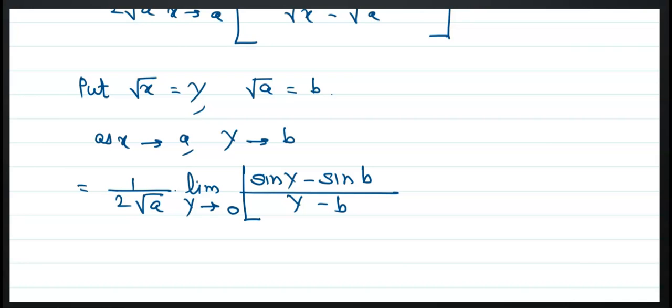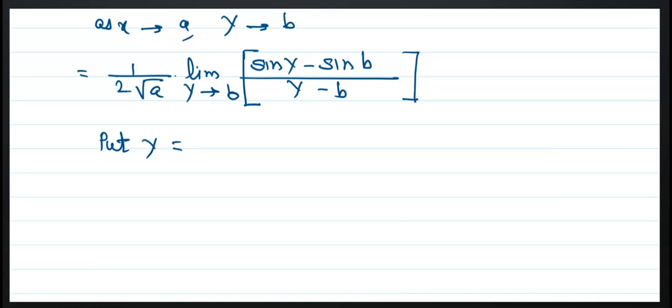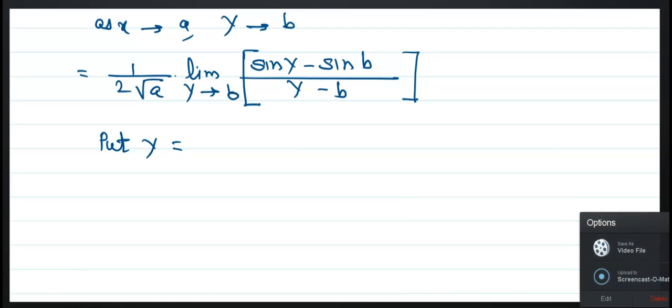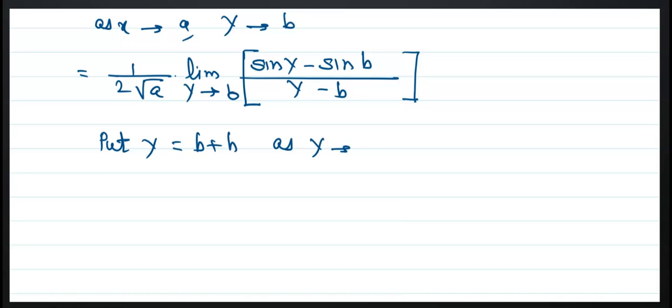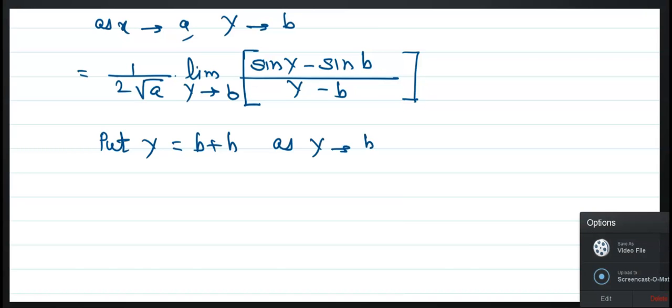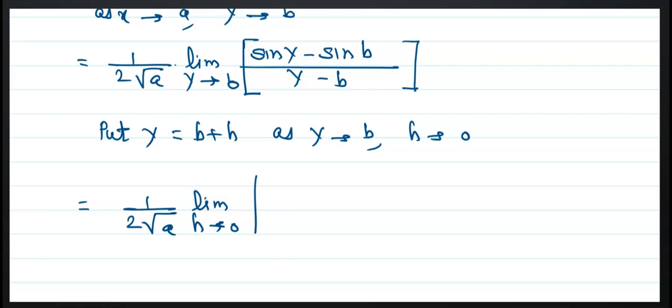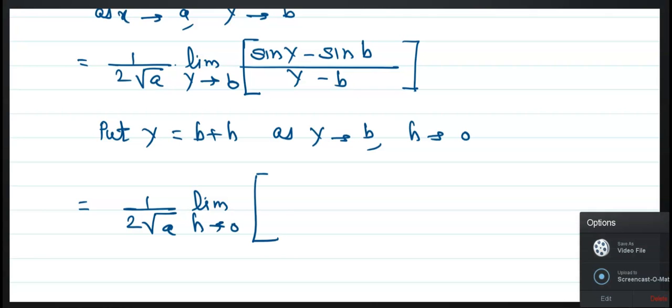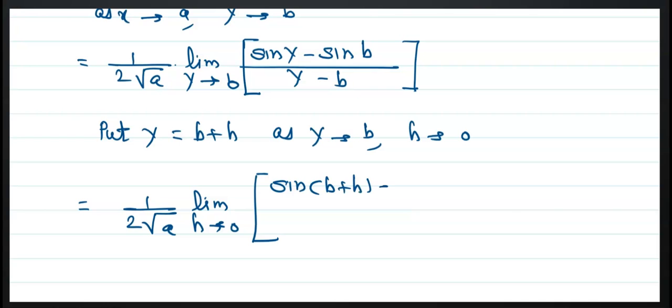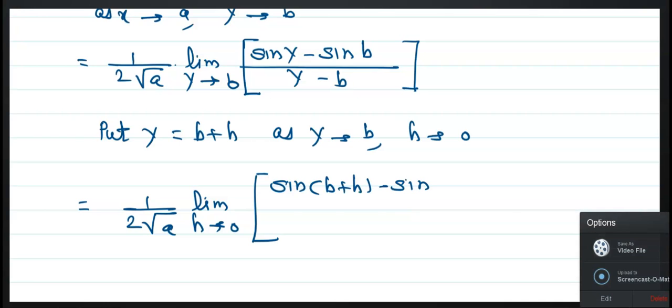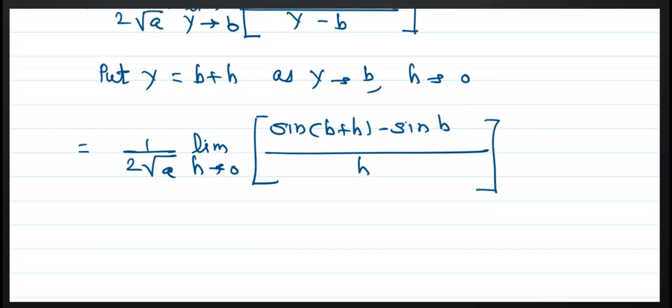Therefore, 1 upon 2 root a, limit y tends to b, where y is equal to b plus h. Therefore, 1 upon 2 root a, limit h tends to 0 of (sin of b plus h minus sin of b) upon h.